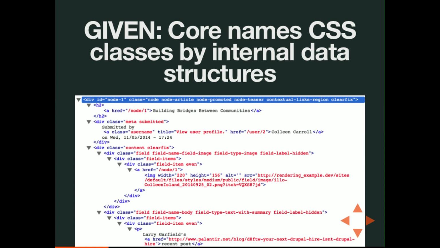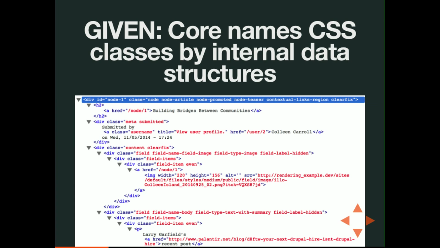It's a given that Core is going to be naming each layer of div. Each CSS class is going to somehow reflect the internal layer of Drupal that produced that div. So you get classes like node-article. That tells me this is a representation of an article. You get classes like field-name-field-image. That tells me the machine name of this field is field image.